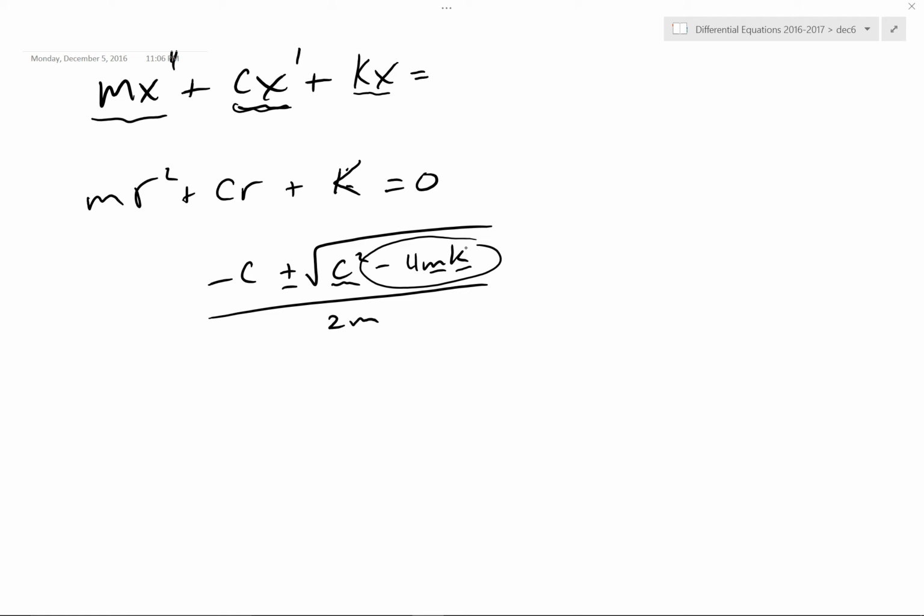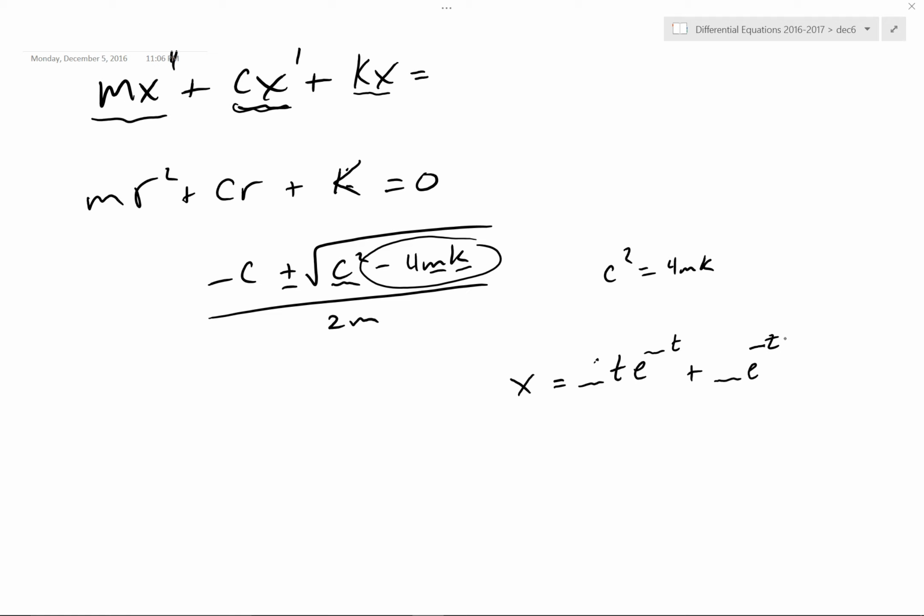Okay. If c squared is equal to those guys, then we're going to have one solution, right? With a double root. And if it's a double root, then it becomes something like this. We know x would be equal to, what? Something like e to the t, e to the whatever, t plus something or another, e to the t, right?